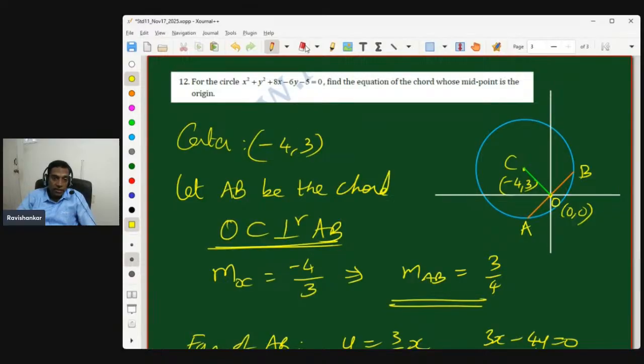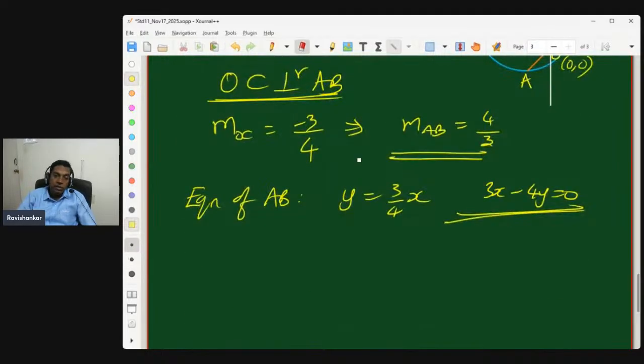Therefore, this is y equals 4/3 x, or 4x minus 3y is 0.